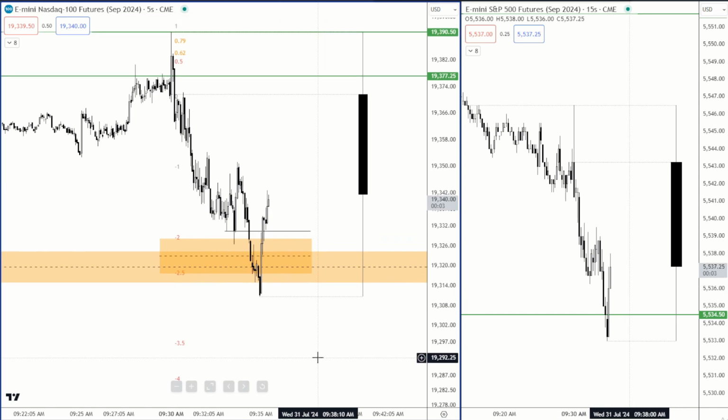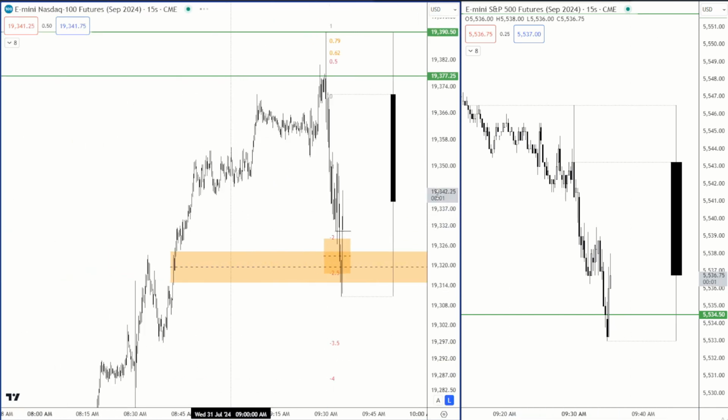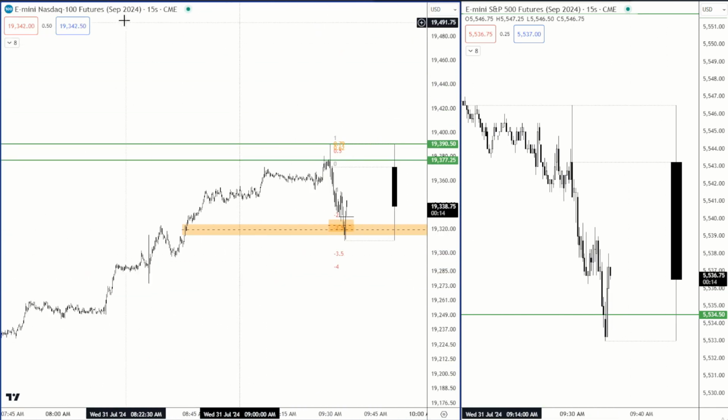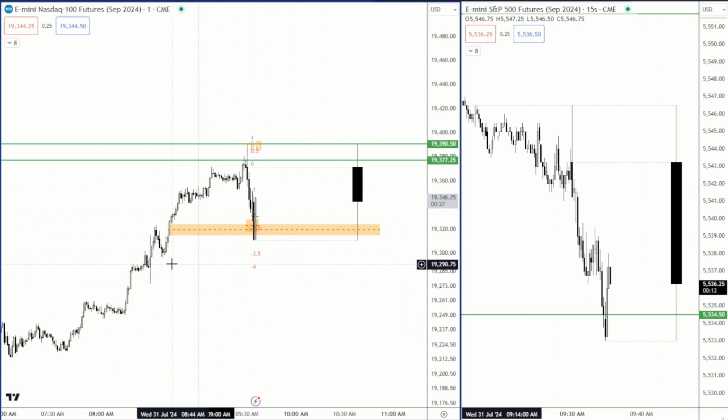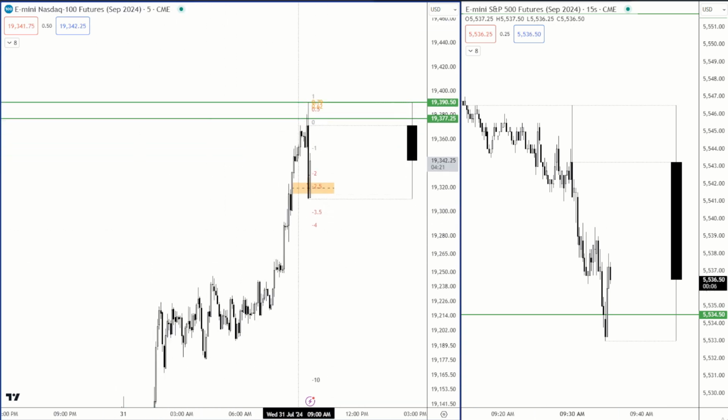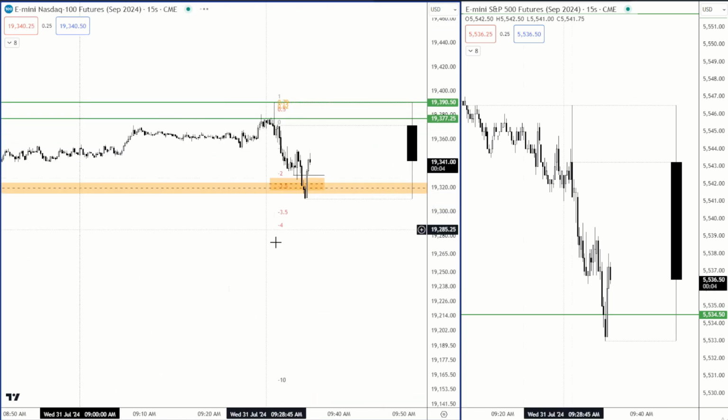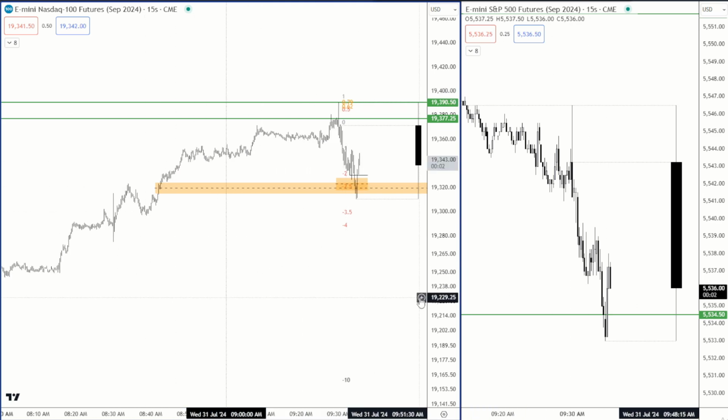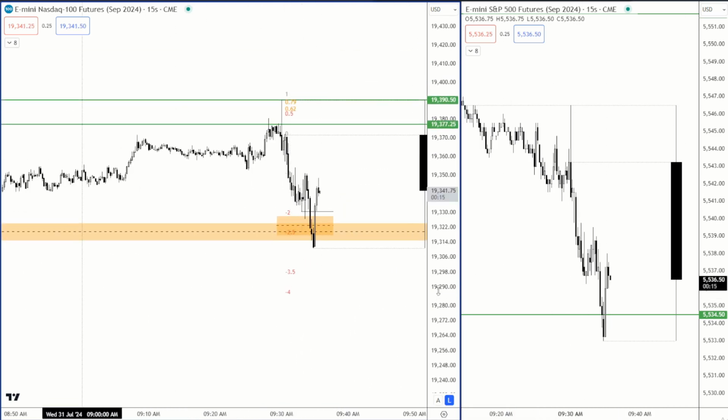Filled in this FEG here. So now this would be better to look for longs because we filled in these imbalances here, so now there's really no reason to go lower. I mean, there's these wicks and stuff here, but I'm talking about for this range specifically is mostly filled.